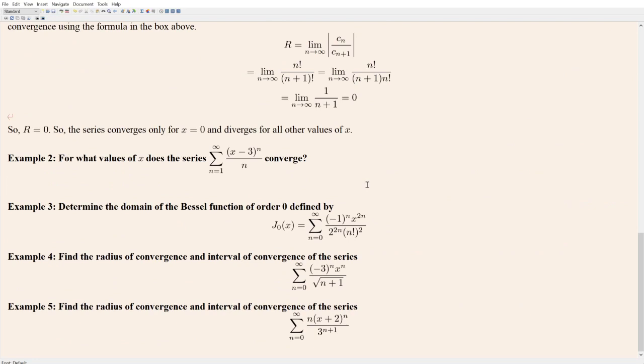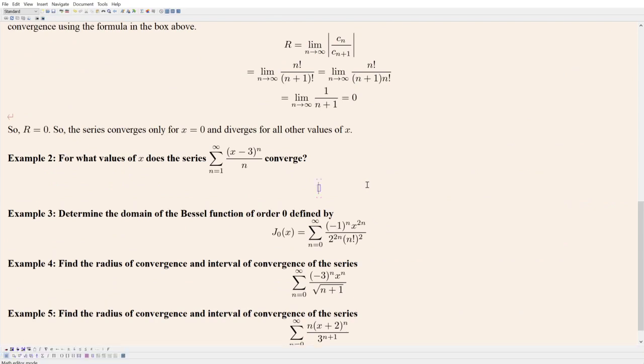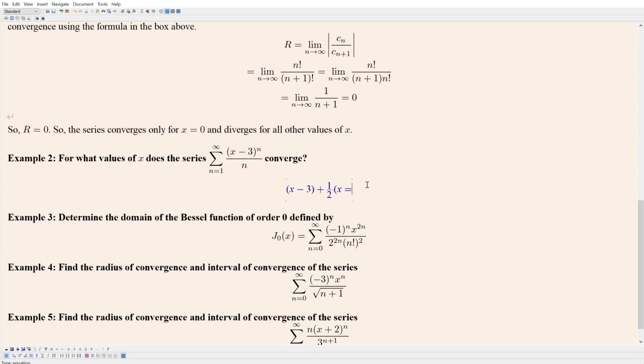So to get a better idea of that, let's actually write out the first few terms. So n equals 1 is the first one. Then n equals 2. Then n equals 3. And from here on out, you can clearly see the pattern.